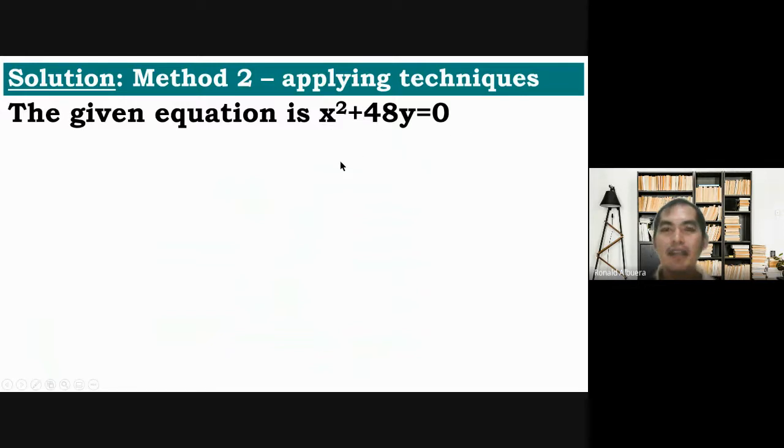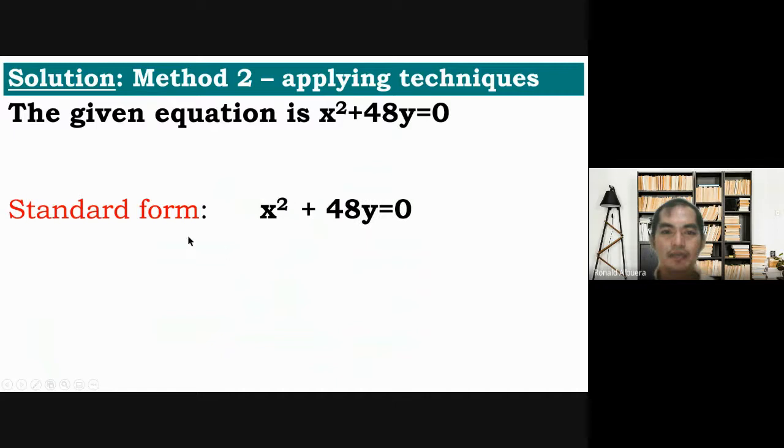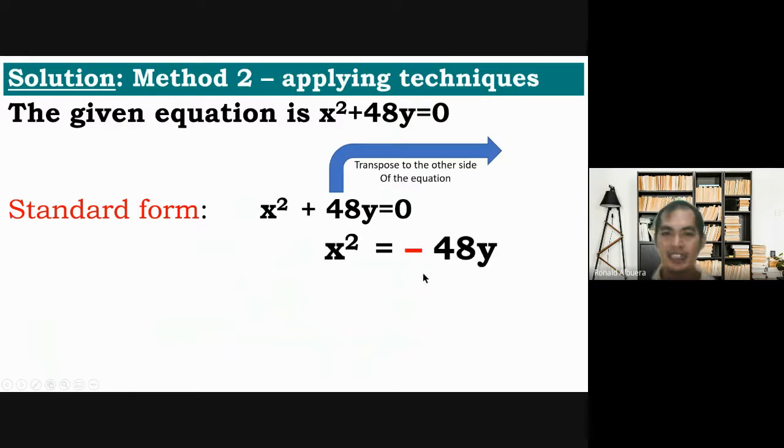Para mapabilis kayo ay sulat mo muna ang standard form ng equation. To write the standard form, ililipat lang itong walang square to the other side. So 48y positive, when you transpose to the other side, it became negative. And that's already the equation. X squared equals negative 48y.